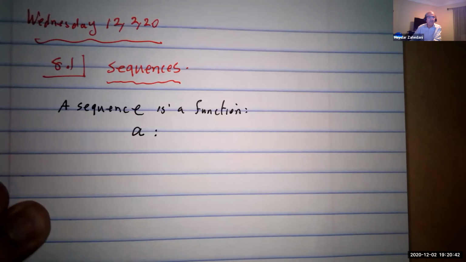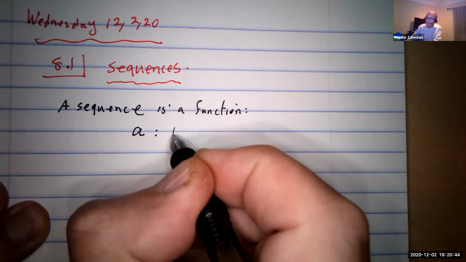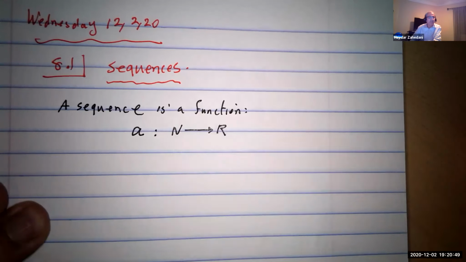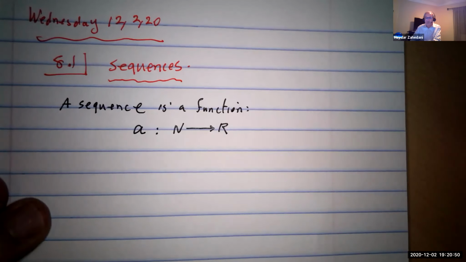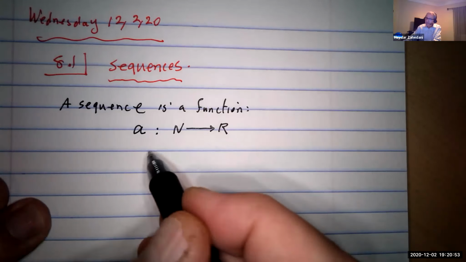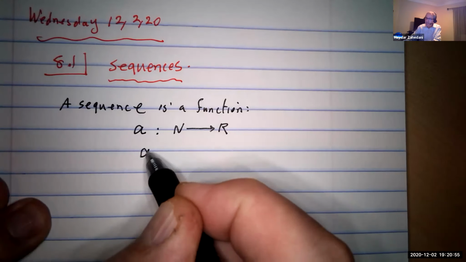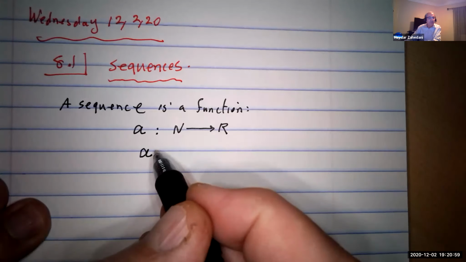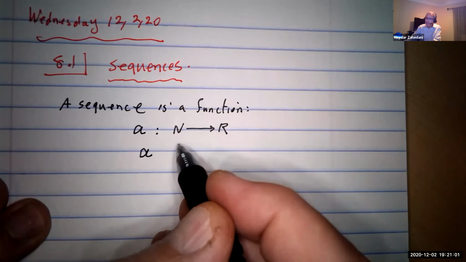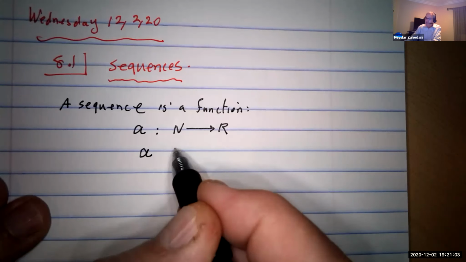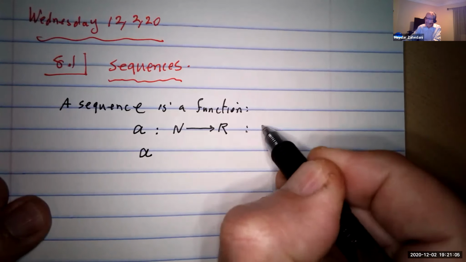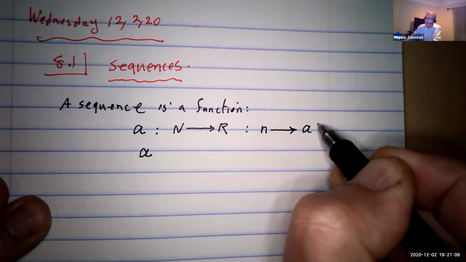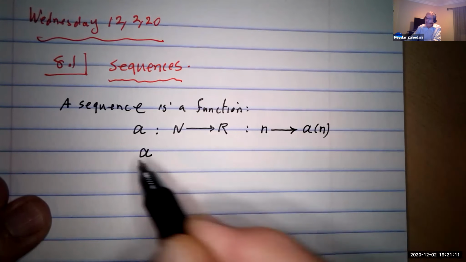This function is defined from the set of the natural numbers into the real numbers. You take n into a of n.